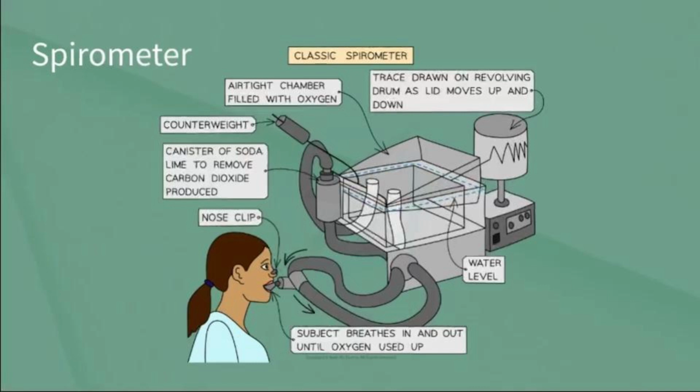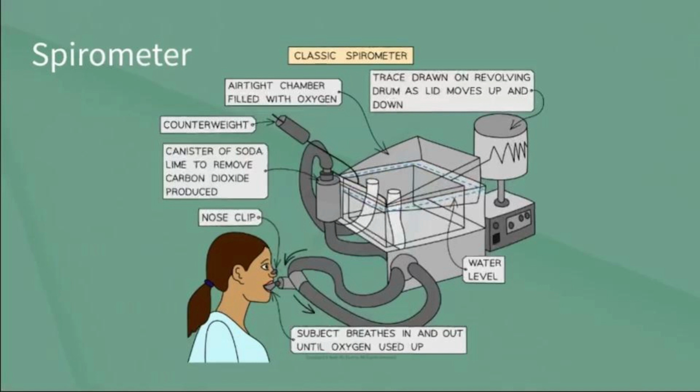A spirometer is essentially going to measure your breathing. It's going to measure the rate of breathing, how much air you can breathe, etc. So it's a device used to measure lung volume. I want to talk you through first the structure of a spirometer. I've included a diagram for you to look at what it looks like.